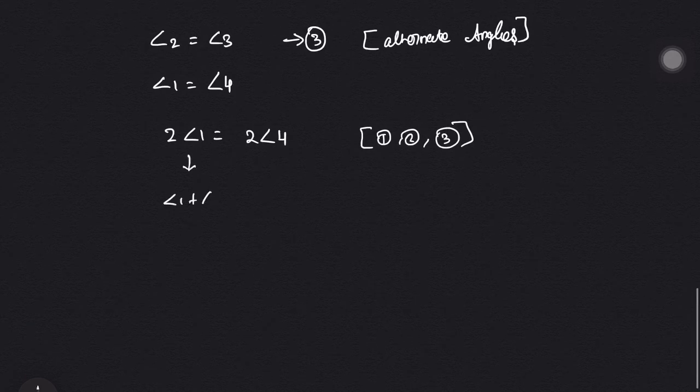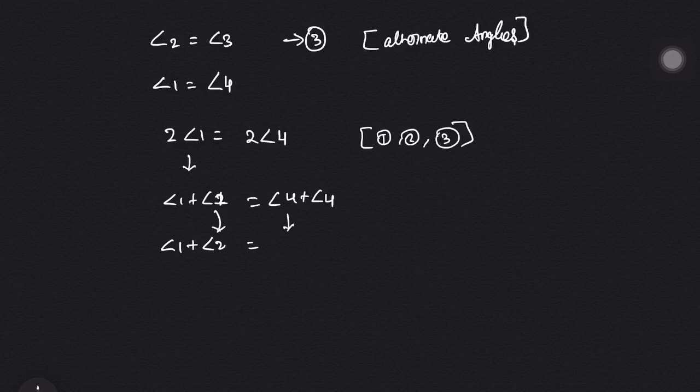Angle 1 plus angle 2 is equal to angle 1 plus angle 1, angle 4 plus angle 4. Then if both angles are equal, angle 1 plus angle 2 converts into angle 2 equal to angle 3 plus angle 4.